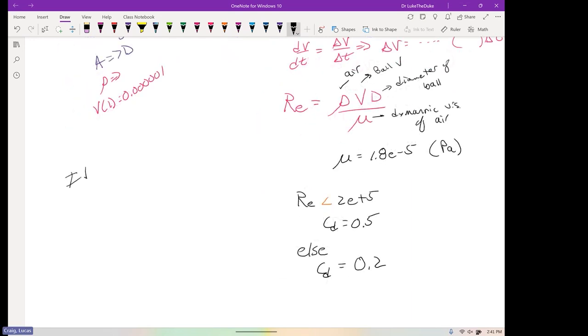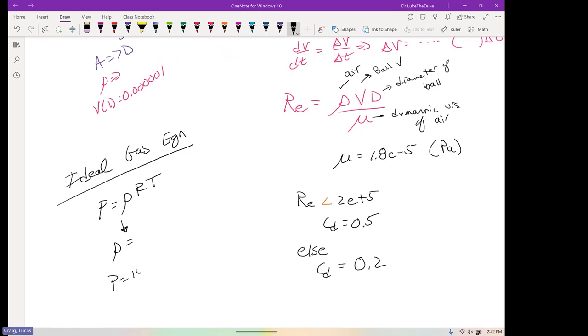Anybody know the ideal gas equation? Did you do that in fluids too? Remember what that is? P equals rho RT. Why don't you use this to find density of the air?